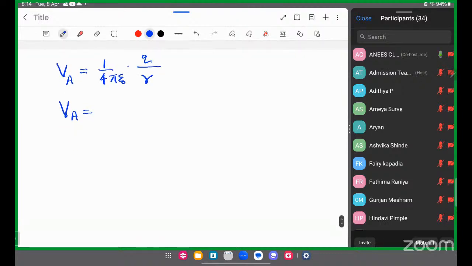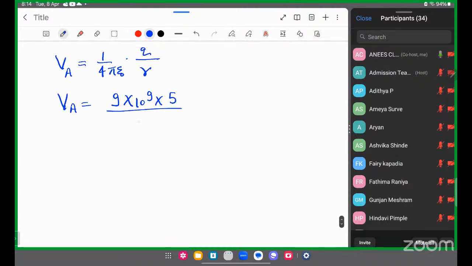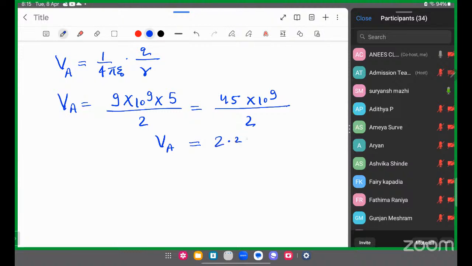1 upon 4 pi epsilon naught is 9 into 10 raised to power 9. Charge is 5 coulomb. Distance is 2 meters. So basically this will be 45 into 10 raised to power 9 divided by 2, which will give us 2.25 times 10 raised to power 9 volt or joule per coulomb.